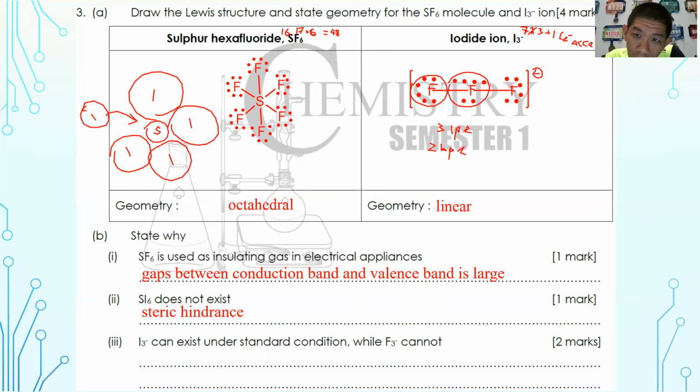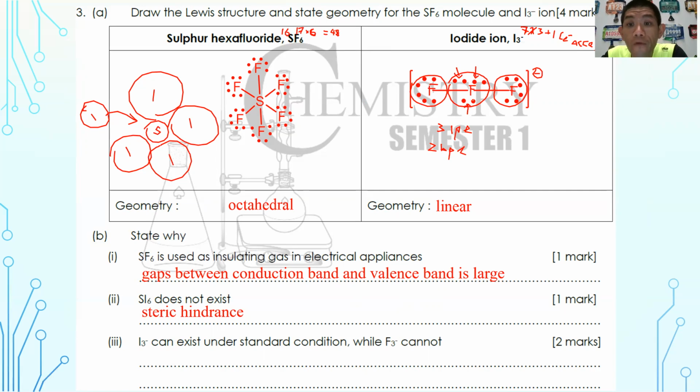With such a small atomic size, it contains a lot of lone pair electrons, and we learned from the VSEPR theory that lone pair electron repulsion is the greatest, followed by lone pair bond pair, and then finally bond pair electron. So too many lone pair electrons surrounding a small fluorine atom will make it less stable. As a result, because of the stronger repulsion between lone pair electrons, it cannot form.